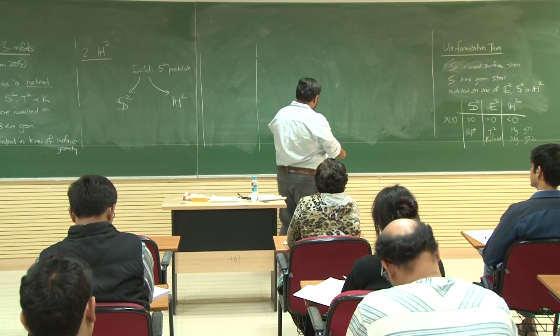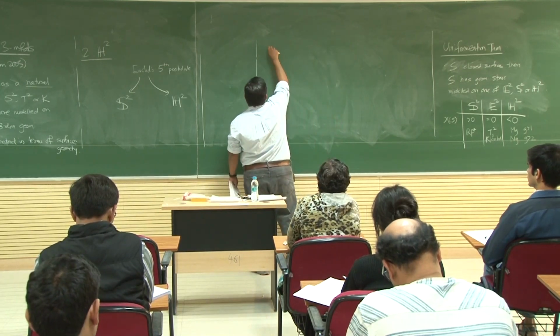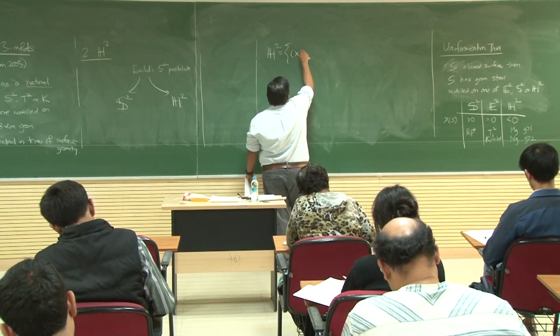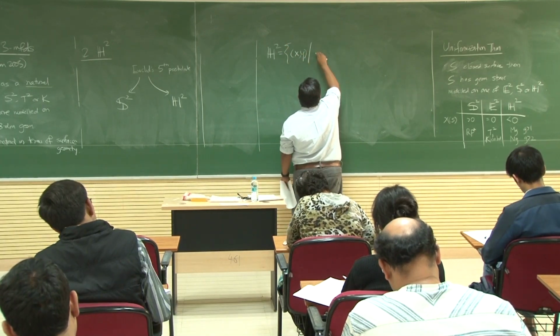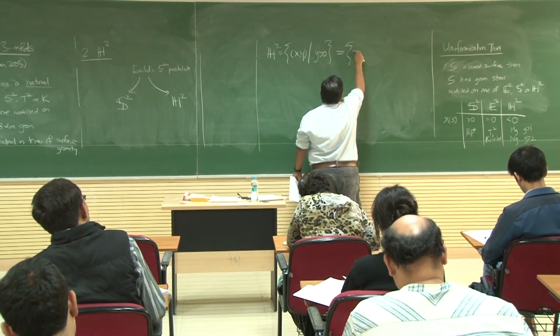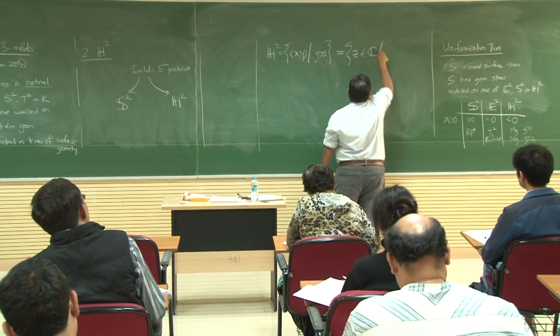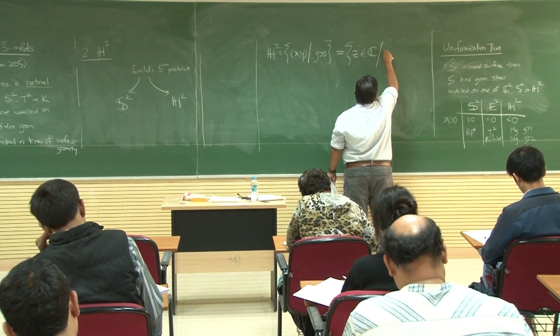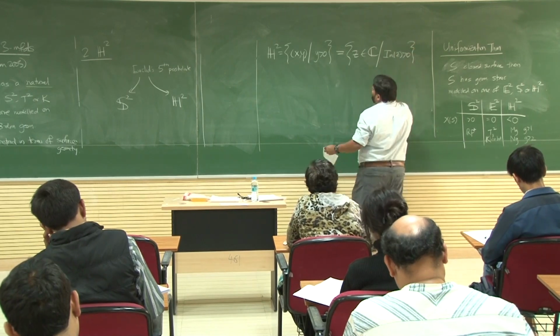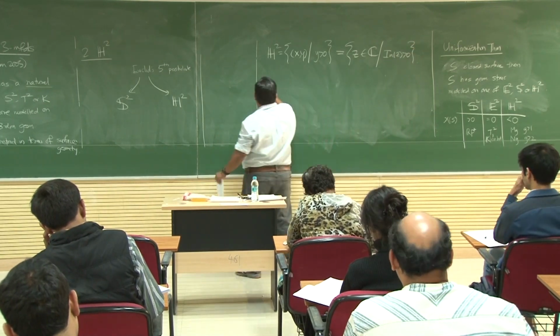So the model for H2 is your points in R2 with the y coordinate positive, and I will switch back and forth between points and complex numbers. And so these are the points, and then we have to get the metric.